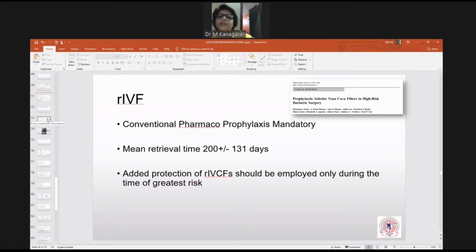So you have to take the decision about IVC filter taking into consideration a thorough discussion with your cardiovascular colleagues. And this is how it is proven even in the literature till date. Thank you, madam. Thank you.